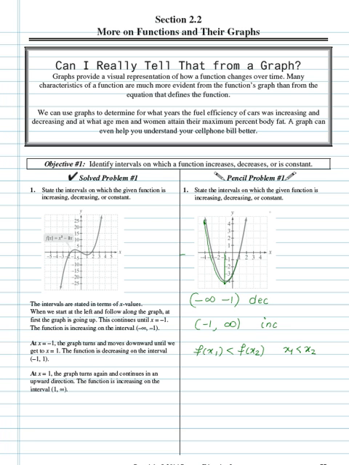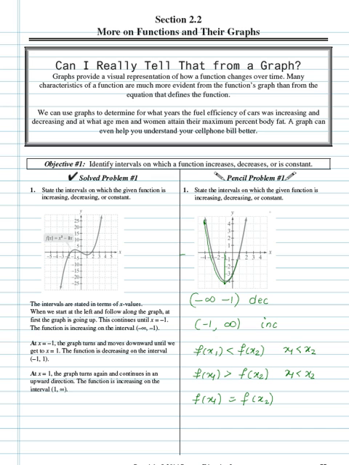And the function is said to be decreasing if f of x1 is greater than f of x2, where x1 is less than x2. And it's constant when f of x1 is equal to f of x2 in the interval x1 and x2. Okay, so what does this mean, f of x1 less than f of x2?